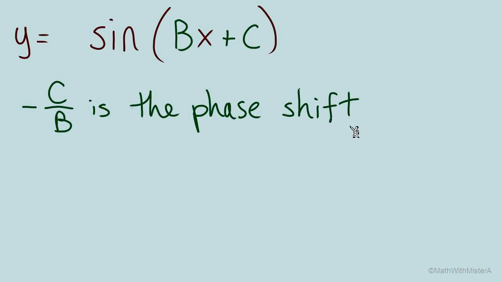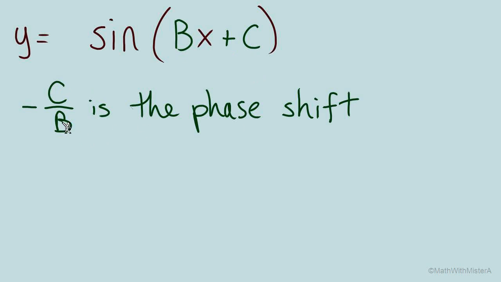That's our horizontal shift. If the phase shift is positive, we say that's shifting to the right in the positive horizontal direction. And if the phase shift is negative, we're talking about shifting our graph to the left in the negative horizontal direction. So we account for this difference in signs by saying make it opposite of c over b. So if I see a plus, which I know is a shift to the left, this expression will give me a negative result.